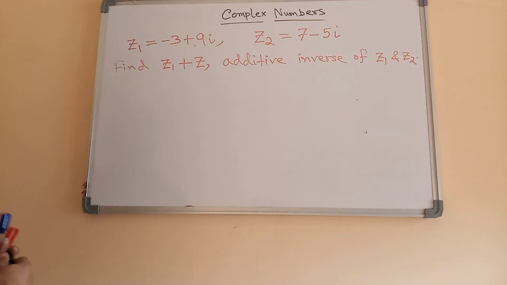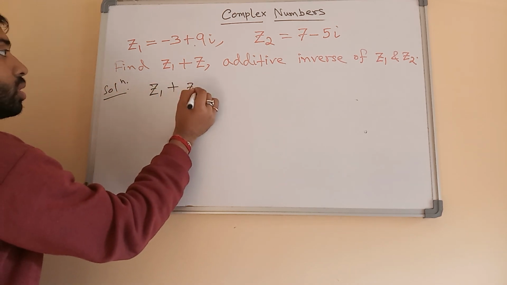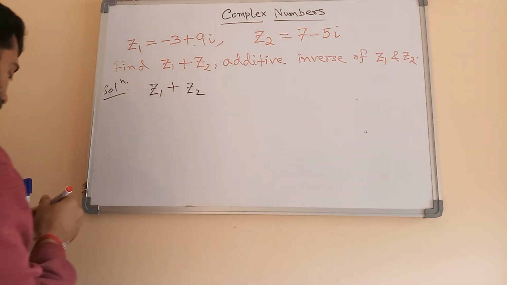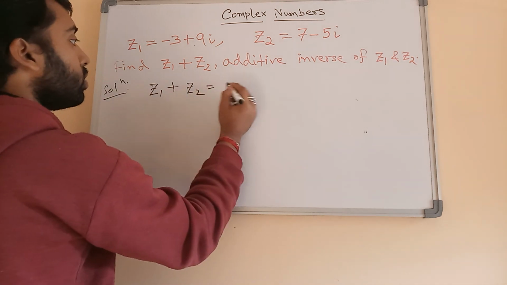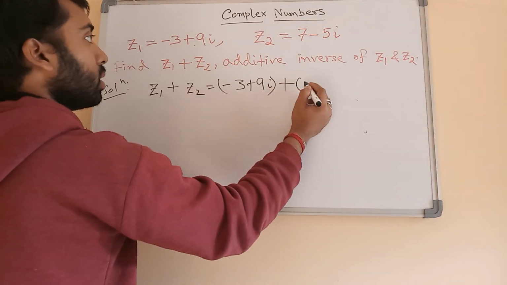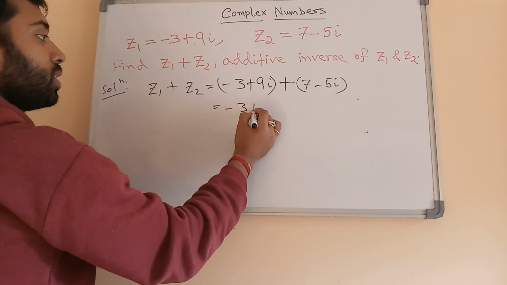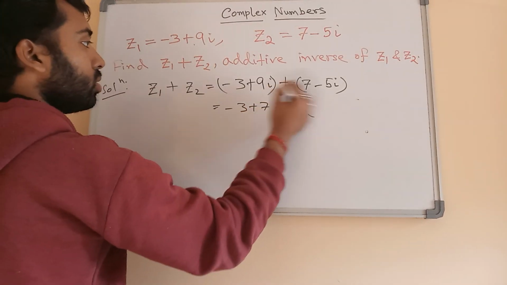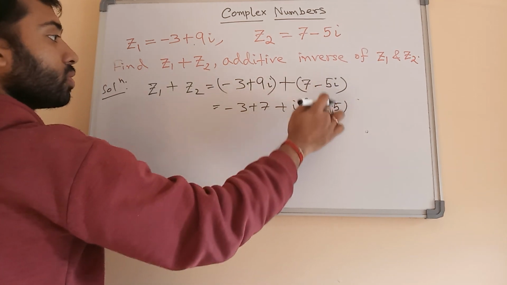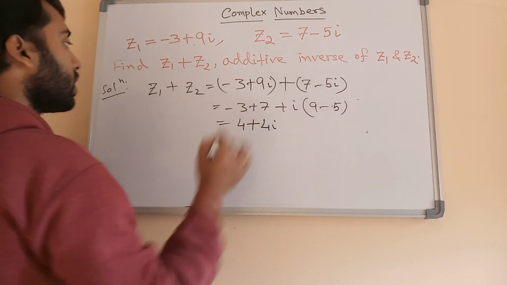The solution: first z1 plus z2 is minus 3 plus 9i plus 7 minus 5i. So add the real parts plus i into imaginary parts. So this is 9 plus minus 5, so 9 minus 5. This is 4 plus 4i.